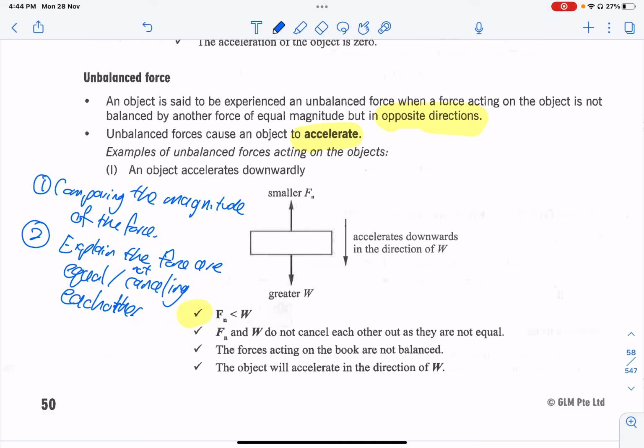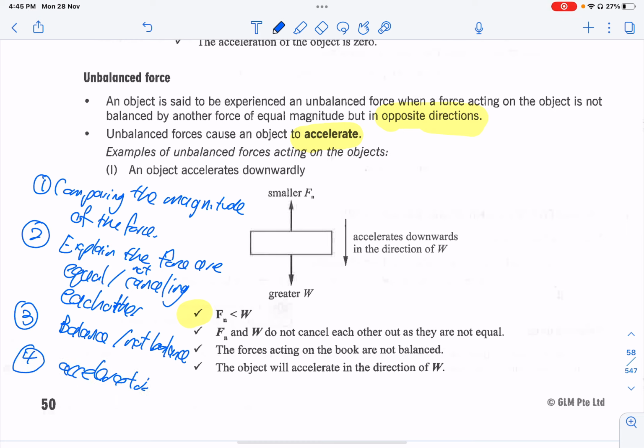If they are not equal, then the third part you say is whether it is balanced or not balanced in terms of the force. And lastly, you talk about the acceleration plus the direction. So this is how you phrase your answer.